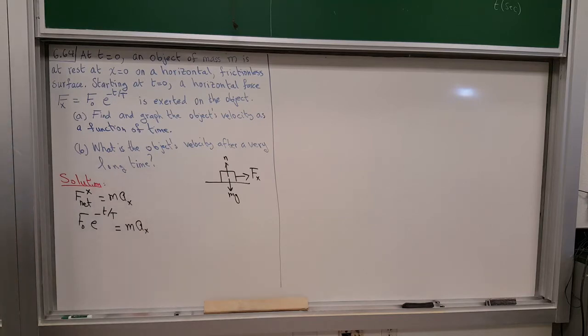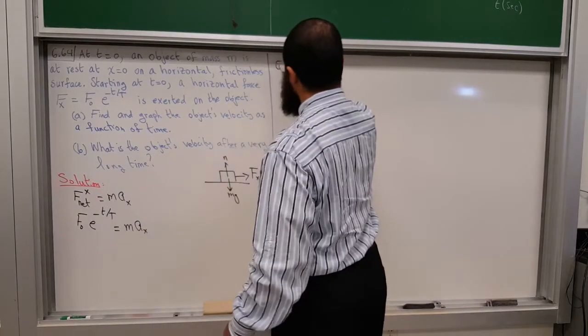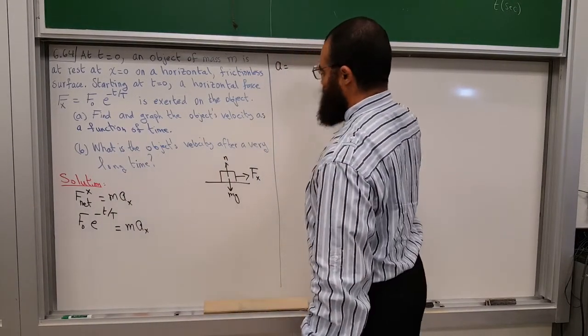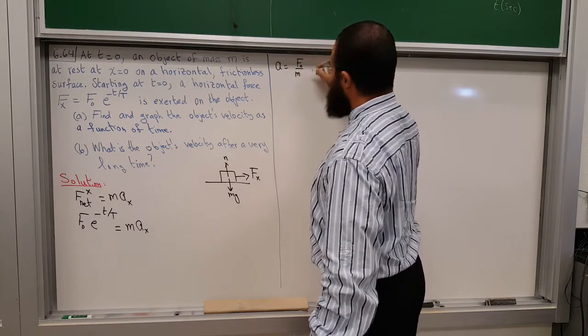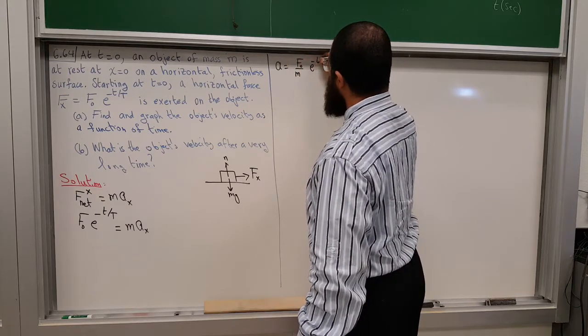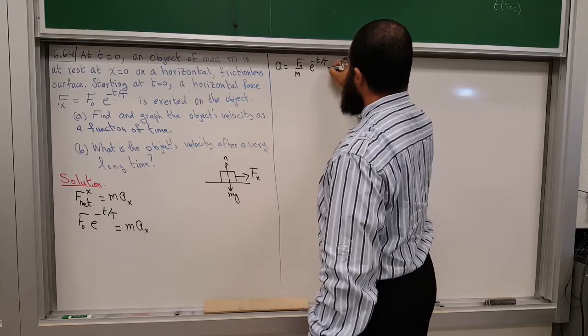And so we can get the acceleration itself. So the acceleration will just be the force over the mass. So it's F initial over m, those are constants, and then e to the minus t over capital T. That's the acceleration.